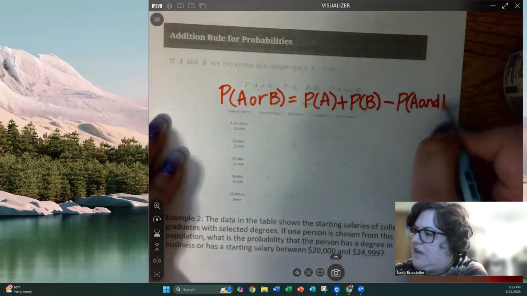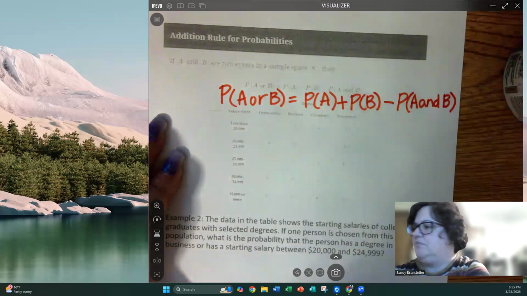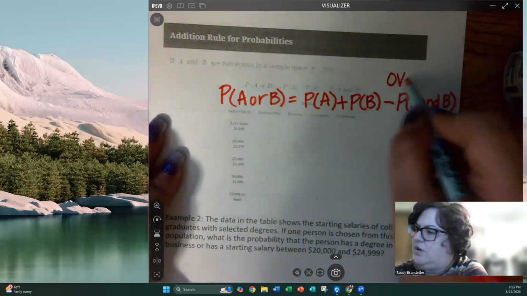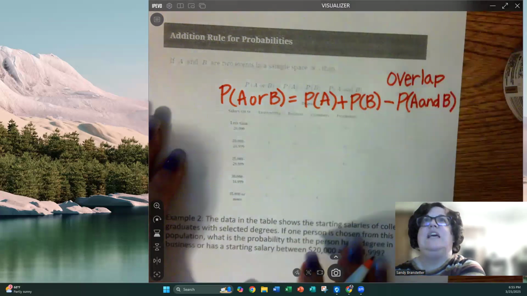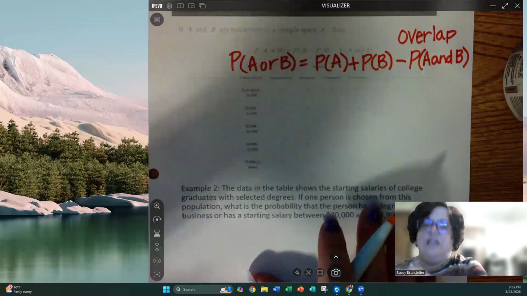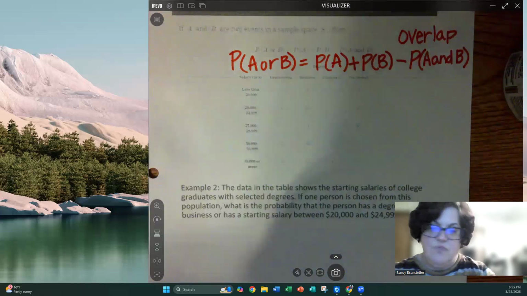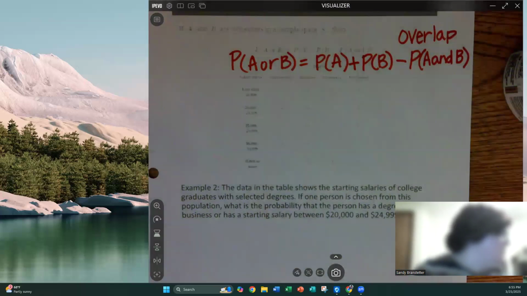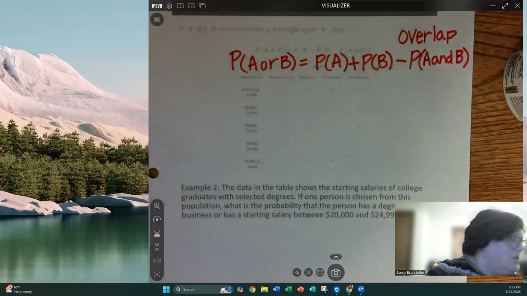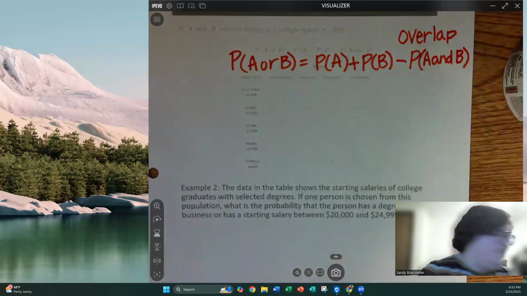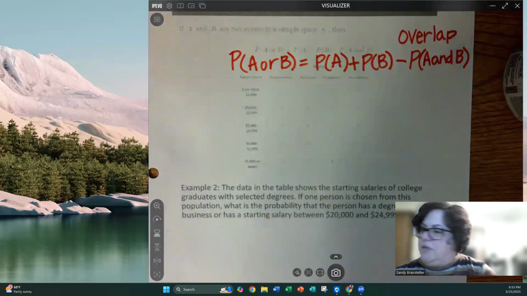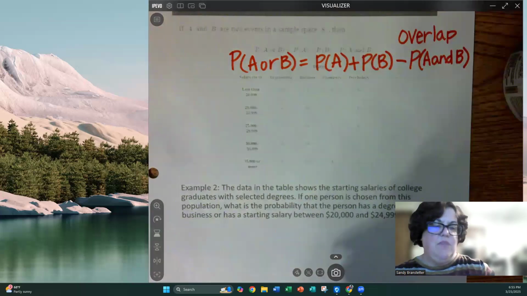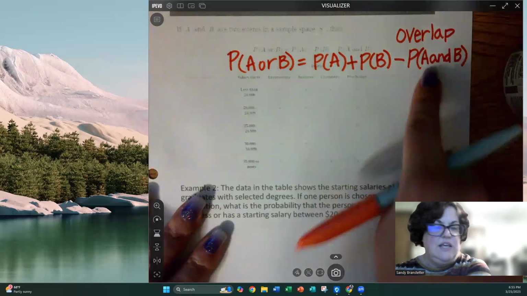And we're going to call that the probability of A and B. And then I'm going to write that word overlap. We're subtracting anything that we count twice. So it's really important to keep in mind that if there are things that are in common, then we want to keep them and subtract them at the end.